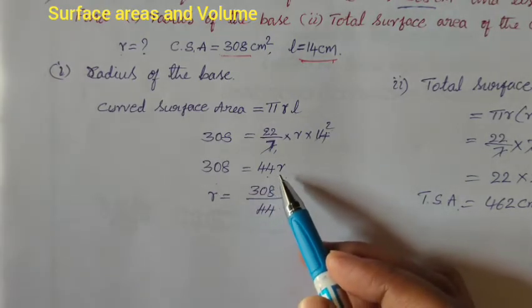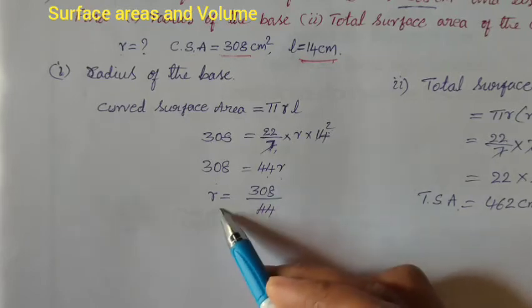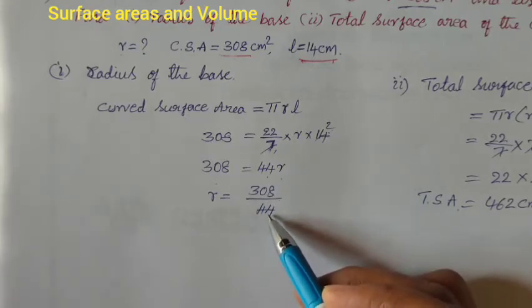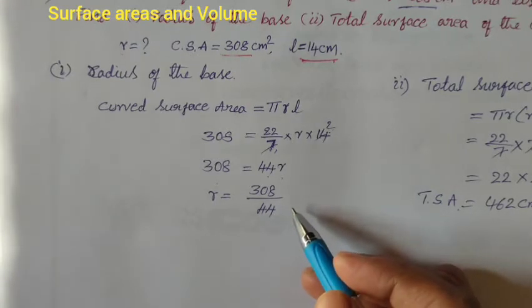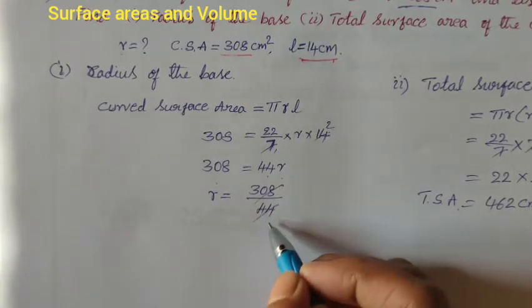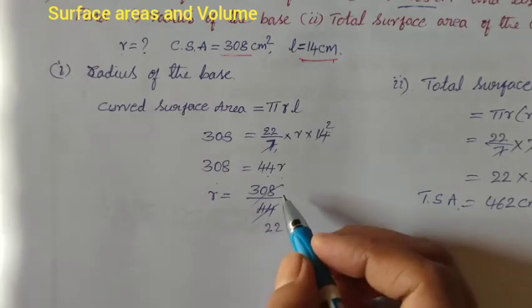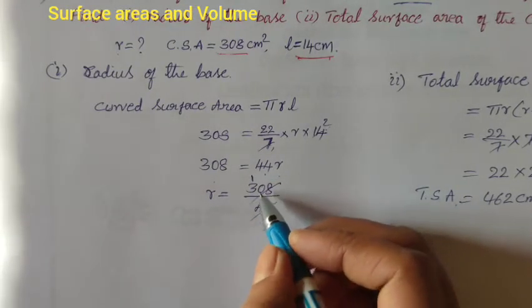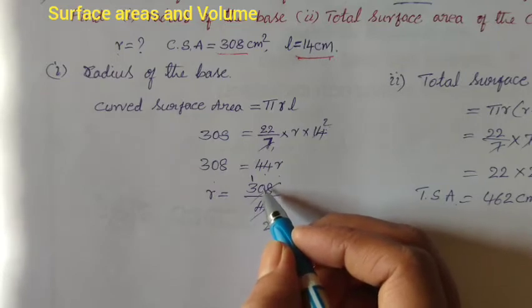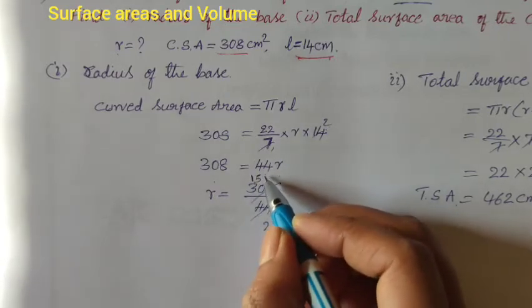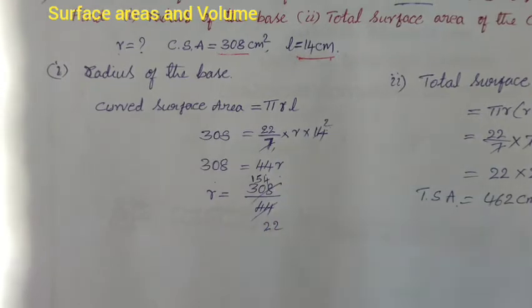Now I want to find the radius r, that is equal to 308 divided by 44. So you can divide by 2, we get 154 by 22.